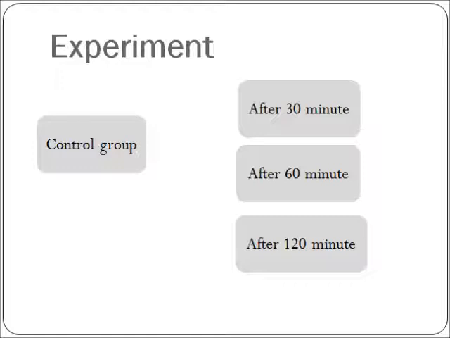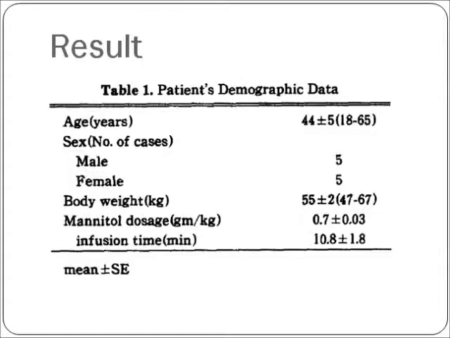After 30, 60, and 120 minutes of mannitol administration, serum electrolytes were measured by the same method. Patients were between the ages of 18 and 65 with an average age of 44 years. The sex distribution was 5 persons and the average weight was 55 kilograms.